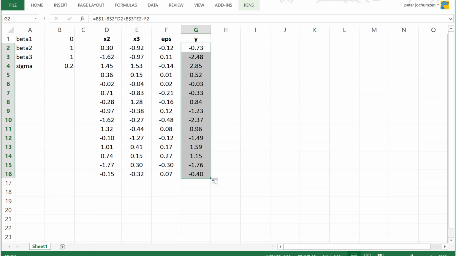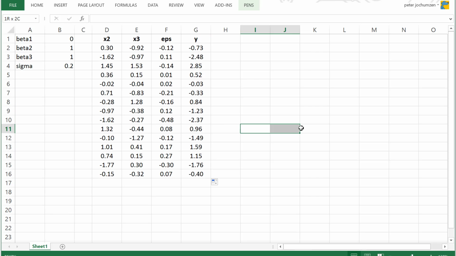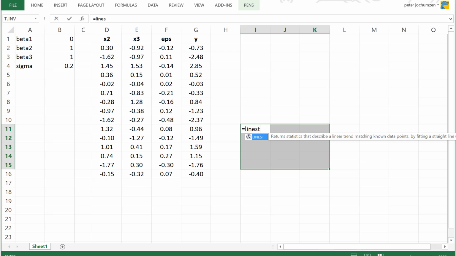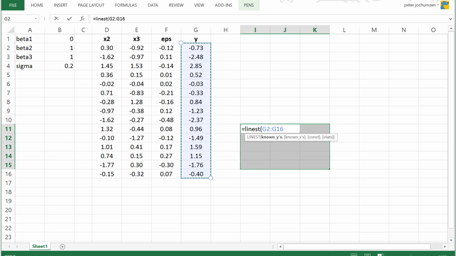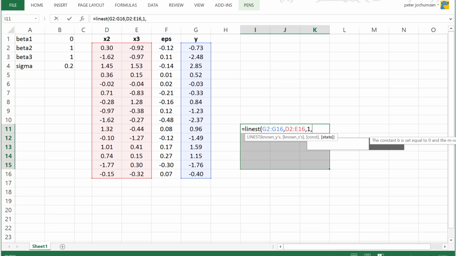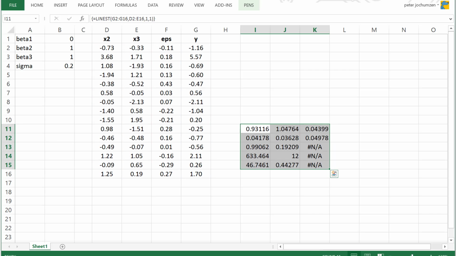Copy this down, and if I now estimate the parameters, we have 3 of them, k is 3, mark up 5, do LINEST, the y's, the x's, the 1 and 1 for statistics, and we have.